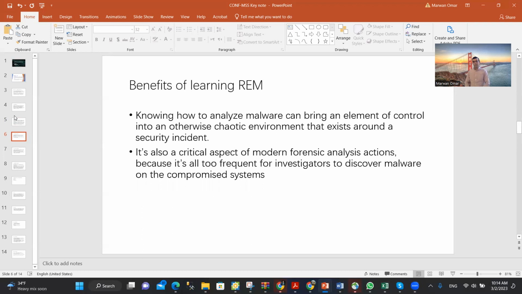So that's where having the skills to analyze malware, to take malware inside out, to apply these techniques that we mentioned earlier, static analysis, automated analysis, behavioral analysis of malware, and then code level analysis comes into play and is very beneficial.